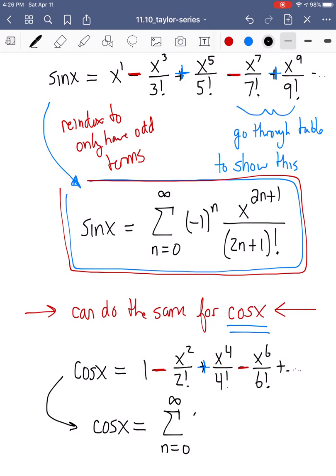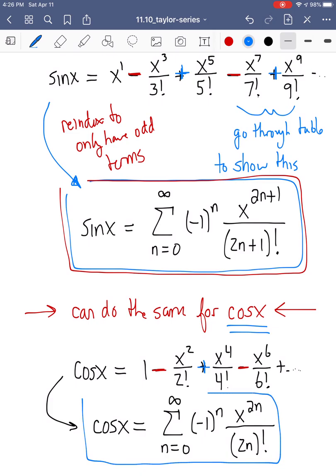So we can still rewrite this as (-1) to the nth power, because we're indexing from n equals 0. And to capture only the even terms, we can write this as x to the 2n power. And we can rewrite that denominator as (2n) factorial as well. And this is our Maclaurin series for cosine.